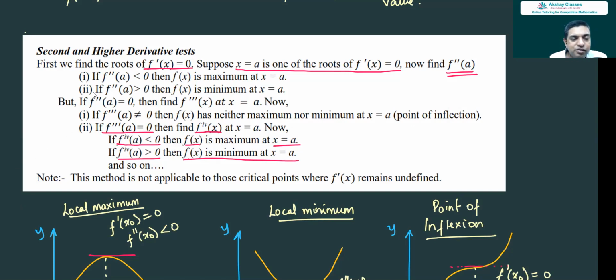So odd derivative should be 0 and the next even derivative should have either positive or negative sign. So you can keep going on like this to check the higher derivative test. But it is not required for us. We can at most stop at the second derivative test. If in the second derivative test we get this kind of a situation, go back to the first derivative test. It is easier to solve the problem from there.